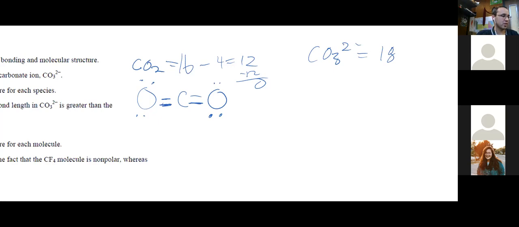So instead of 18, what should it be? 22. 22 would be CO3. We have to add in 2 more. So it's 24. So it should be 24. All right. So 24 valence electrons.